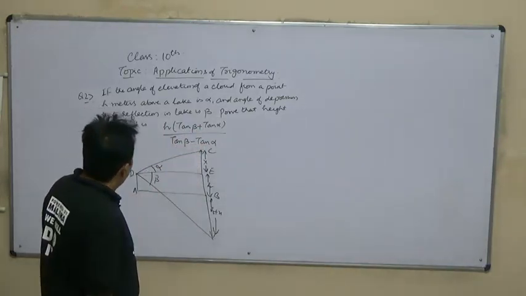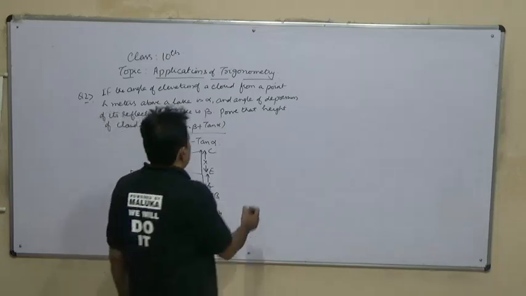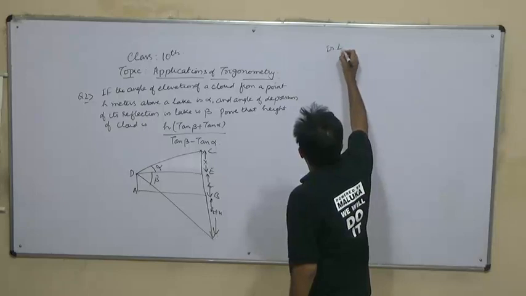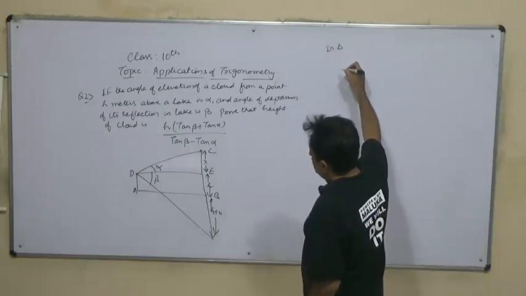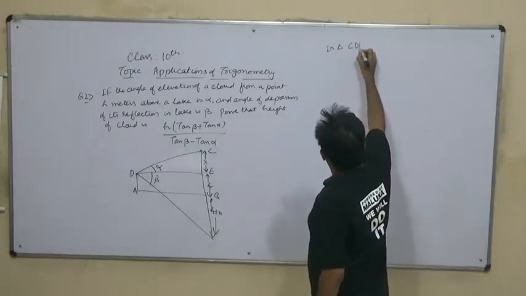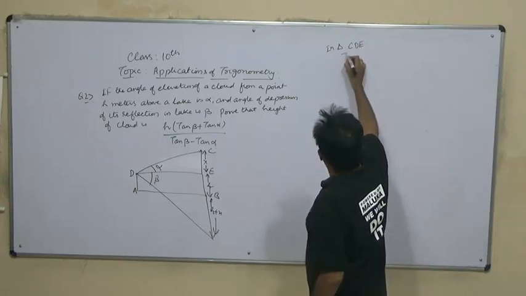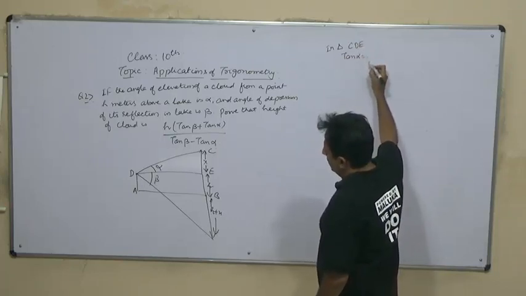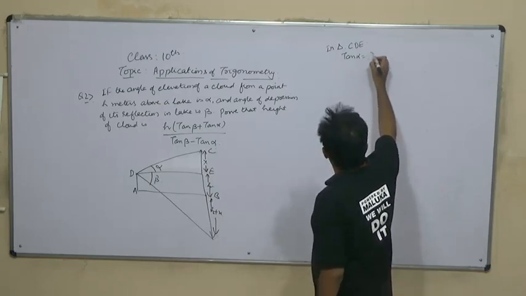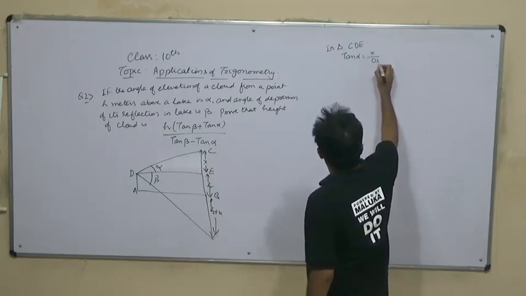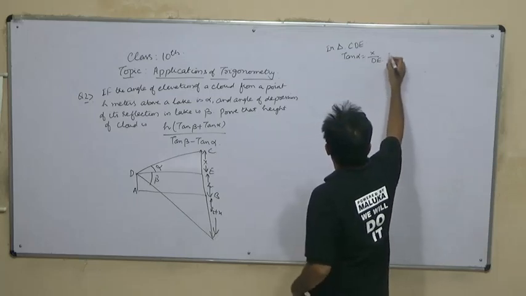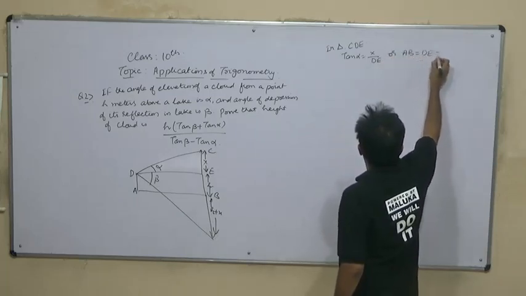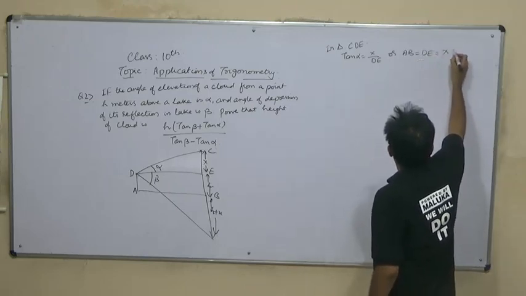Now, in triangle CDE, we know that tangent alpha is equal to x upon DE, or we can say AB is equal to DE is equal to x cot alpha.